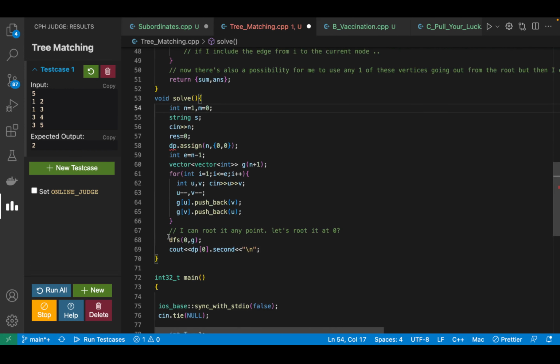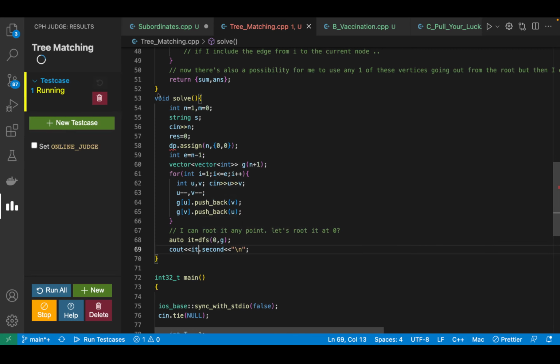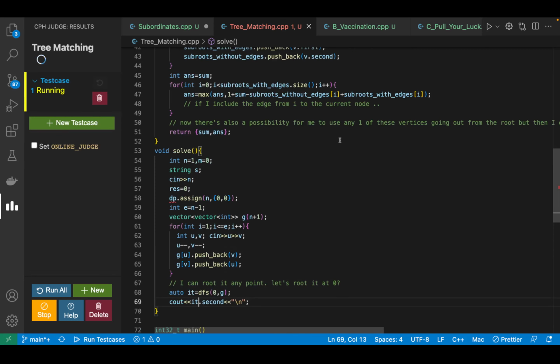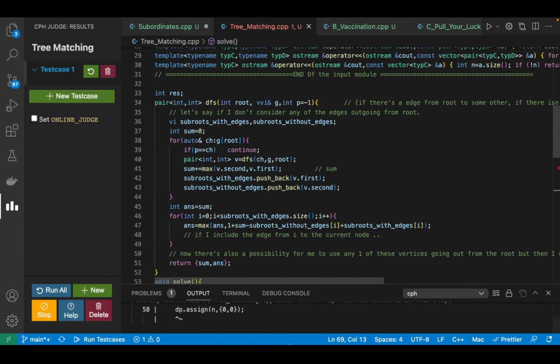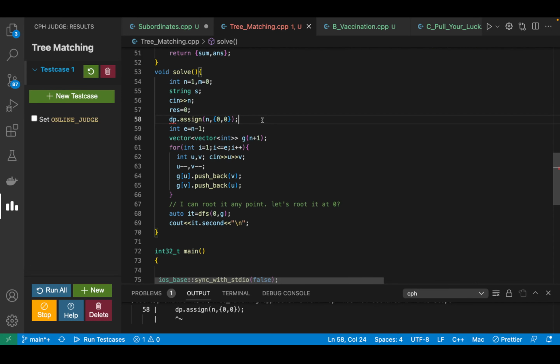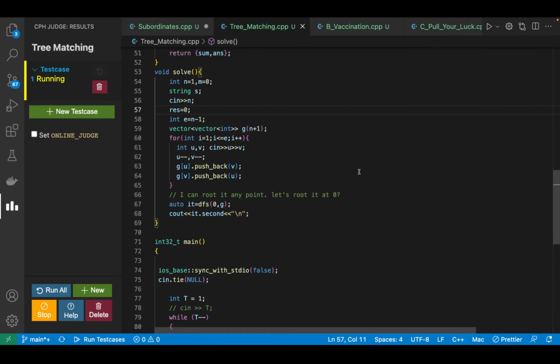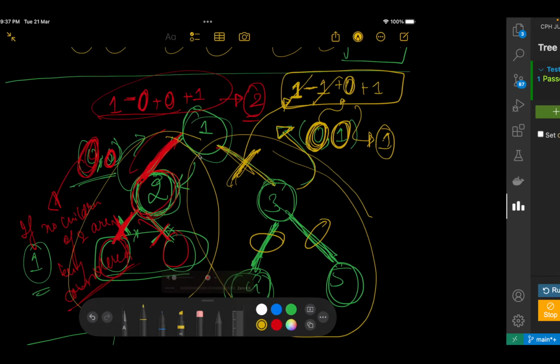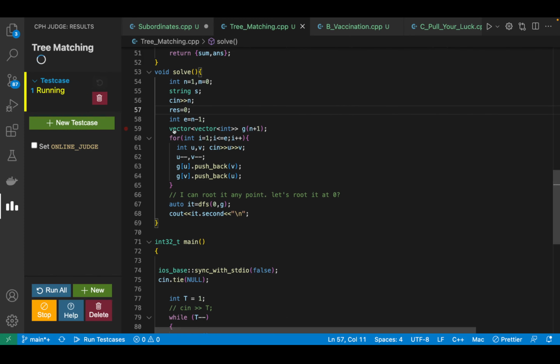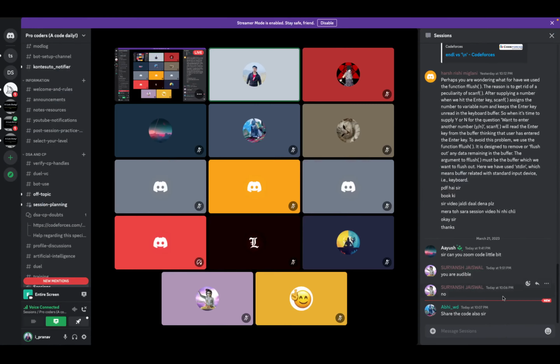Okay, and over here then you'll have to print the value that is being returned to you, or you can say auto it is this and then it second. So even this would give you the same answer. Okay, I assigned it. Let's remove that. Cool. So this would also give you the same answer. No changes in complexities also. Let's look at his doubt.